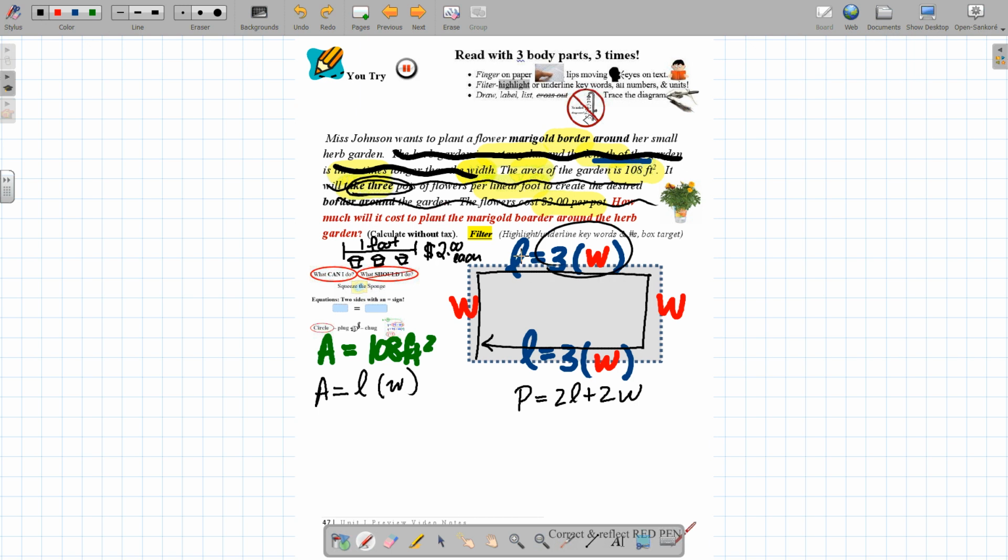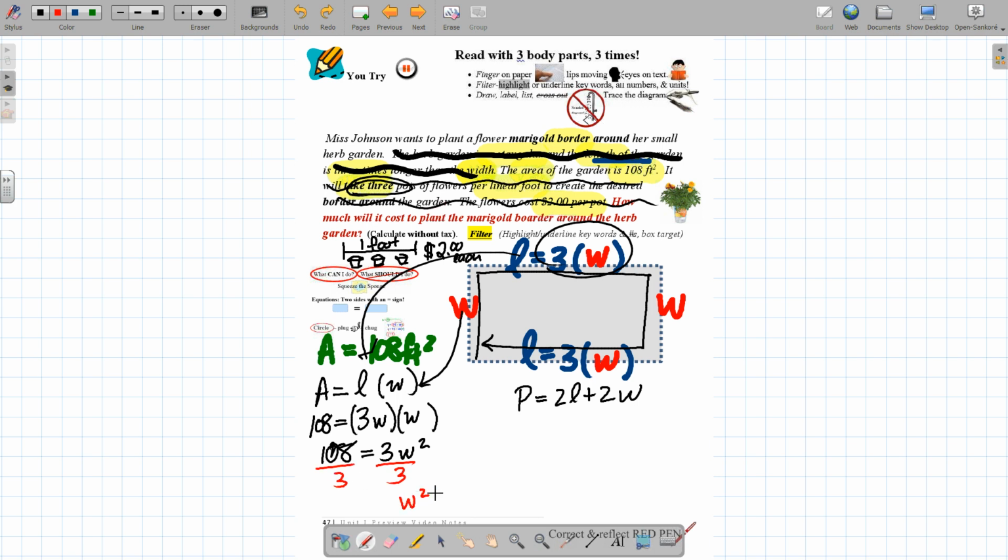Circle the W, plug it in. This is going to be 36 plus 12. And we figure out that our perimeter is going to be 36 plus 10 is 46 plus 2. We have 48 feet.